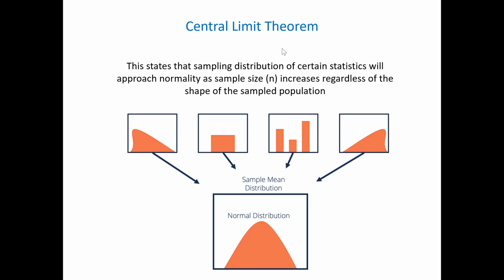So there's something I still need to say about the sampling distribution we just talked about. I used the example of the mean because that's the simplest one for you to understand. But when we say statistic, it doesn't only mean the mean.